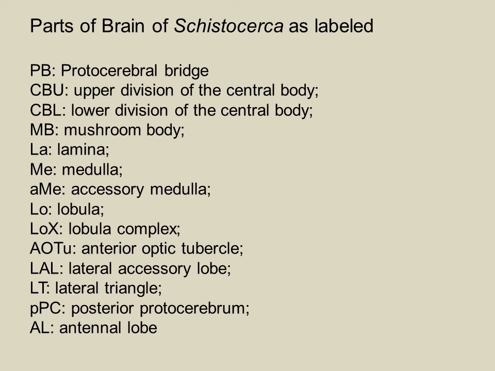The PB represents the protocerebral bridge, CBU the upper division of the central body, CBL the lower division of the central body, MB the mushroom body, LA stands for lamina, ME for medulla, AME for accessory medulla, LO for lobula, LOX as lobula complex, AOTU as anterior optic tubercle, LAL for lateral accessory lobe, LT for lateral triangle, PPC for posterior protocerebrum, and AL for antennal lobe.